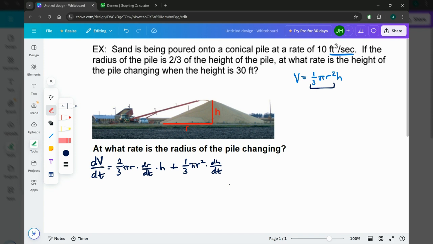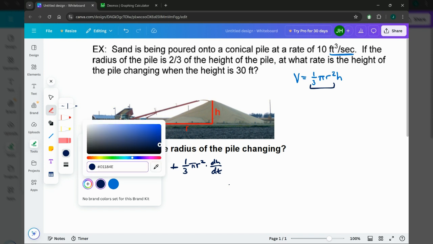This equation literally has 5 variables. It's got h, r, dh/dt, dr/dt, dV/dt. This is ugly. So what I've told my students, wouldn't it be easier if I could figure out a way to write this original equation just in terms of r or just in terms of h?